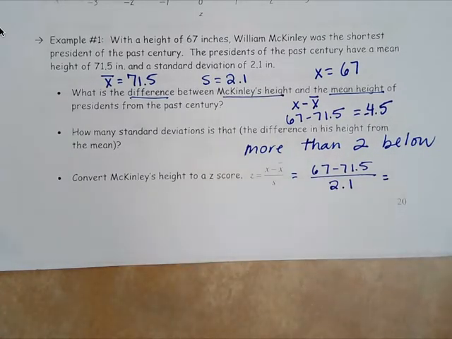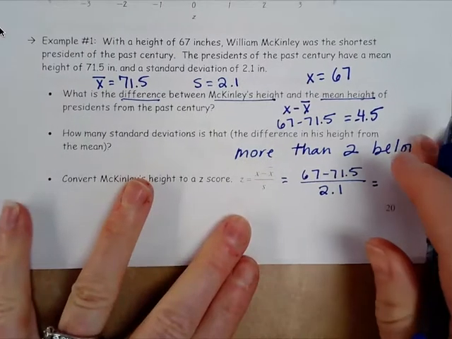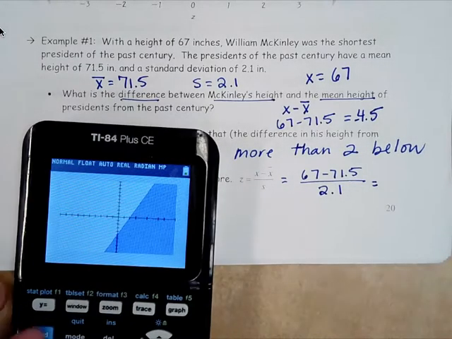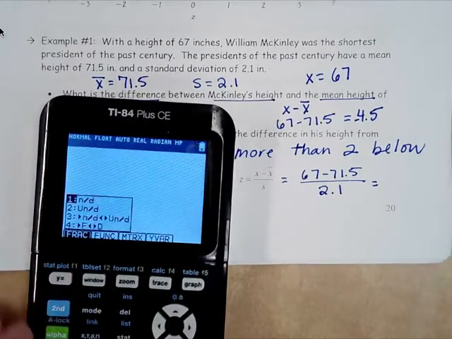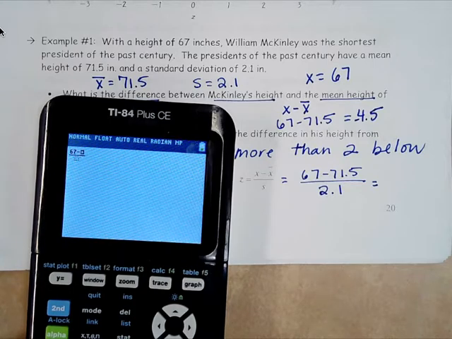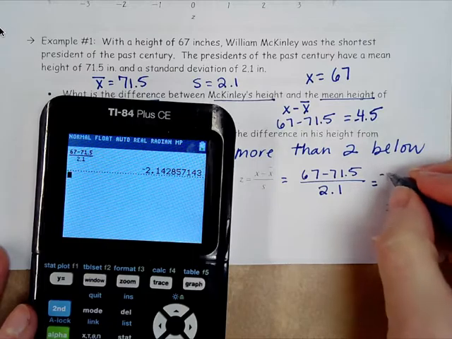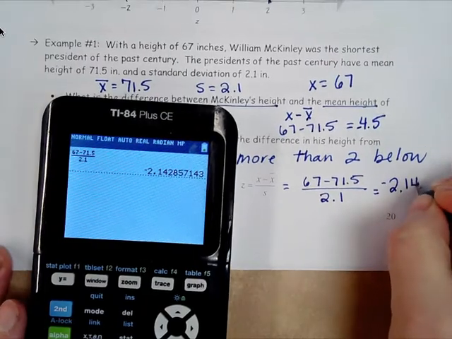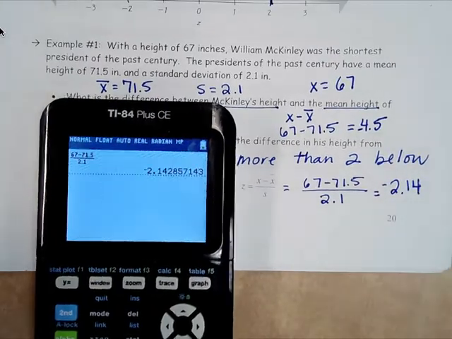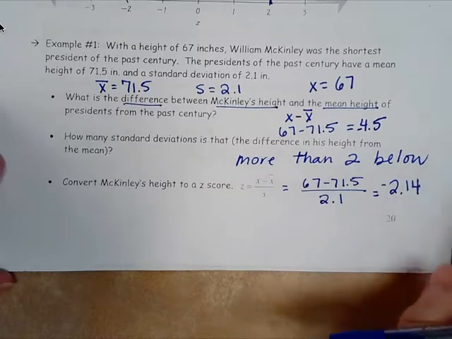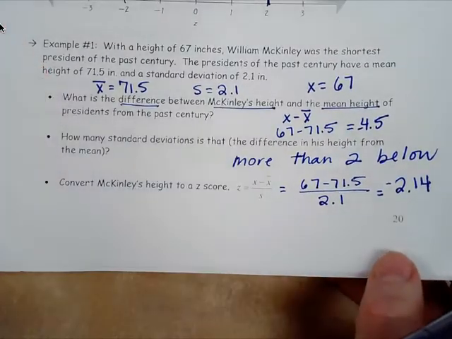Stick that in the calculator, and we're rounding to 2 decimal places. So negative 2.14. That's our z-score.